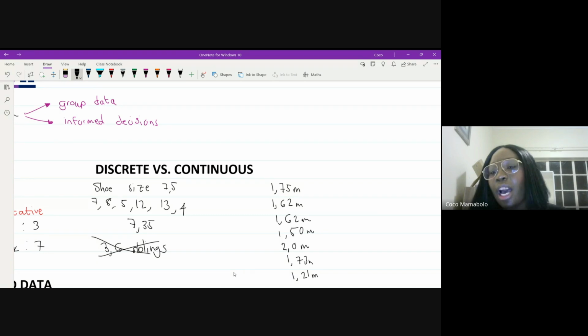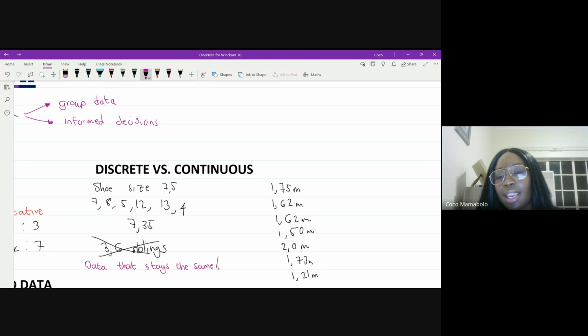All right, Asanda is asking, how do we put it in words? I can try, Asanda. It's quite difficult, I'll admit. So we can say discrete data is data that stays the same, or we can say that stays whole.